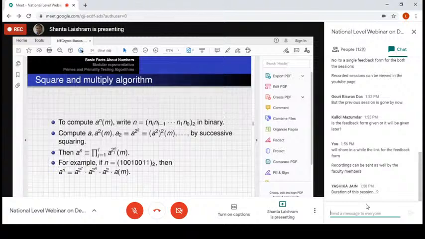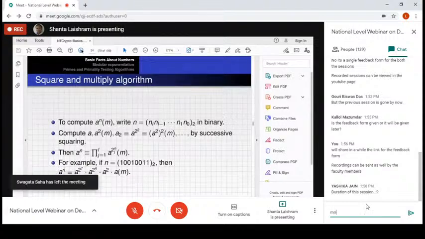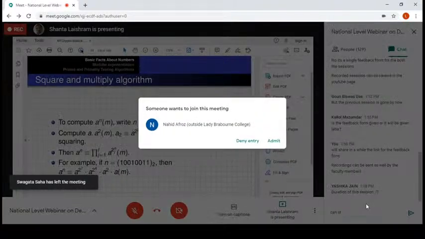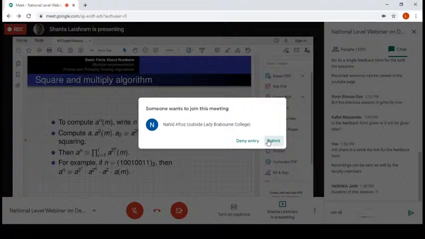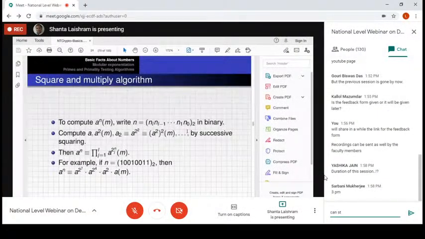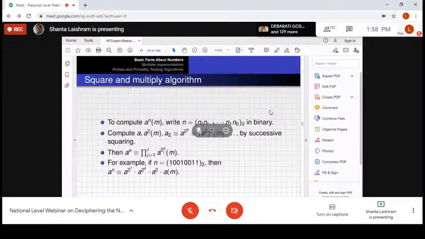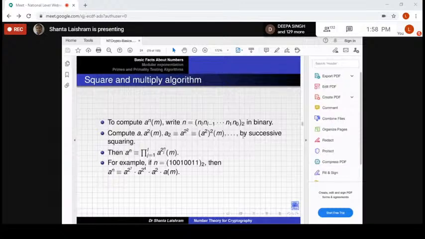To compute A to the power n modulo M, we write n in binary notation as n_l, n_(l minus 1), and so on. Then you compute the square, A squared mod M, then A_2 is the square of the square, so that is A_1 squared mod M. You can do it by successive squaring.